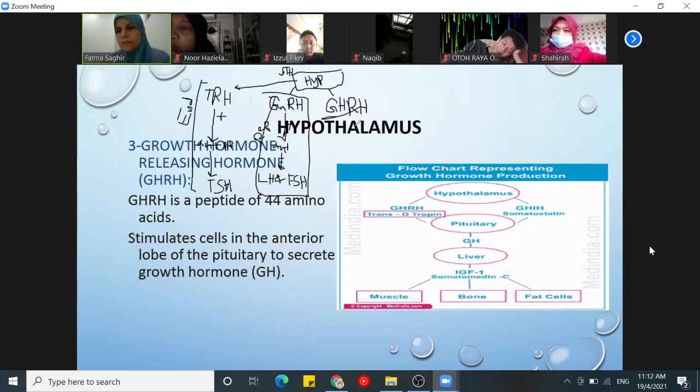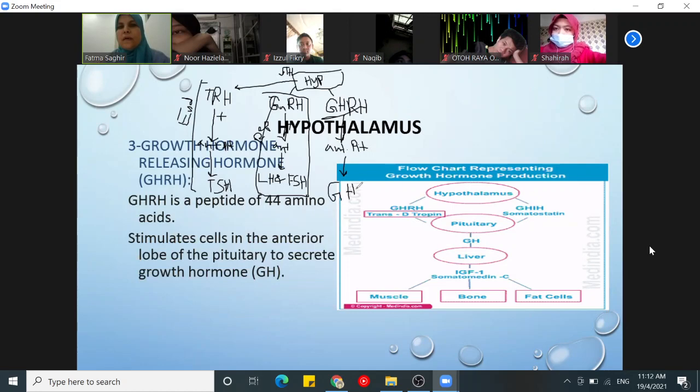Growth hormone releasing hormone will also stimulate the anterior pituitary to secrete growth hormone. So growth hormone comes from the anterior pituitary.